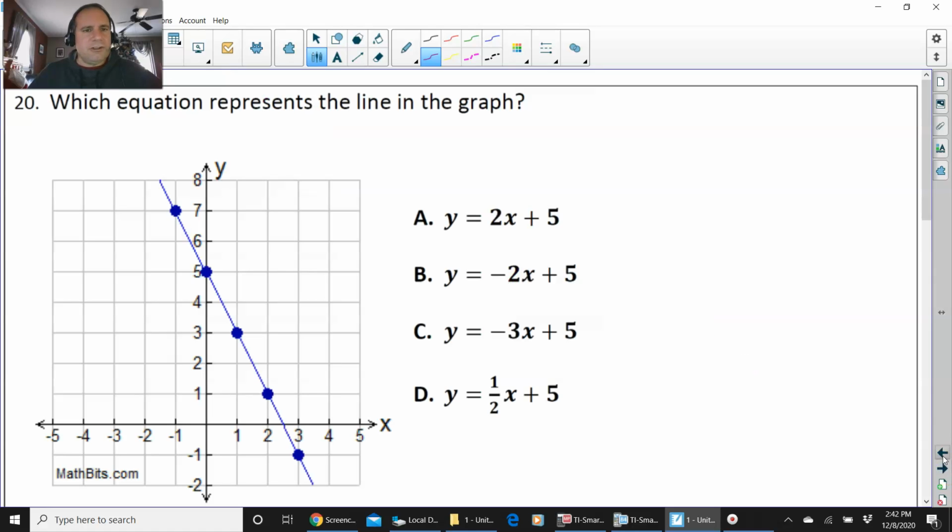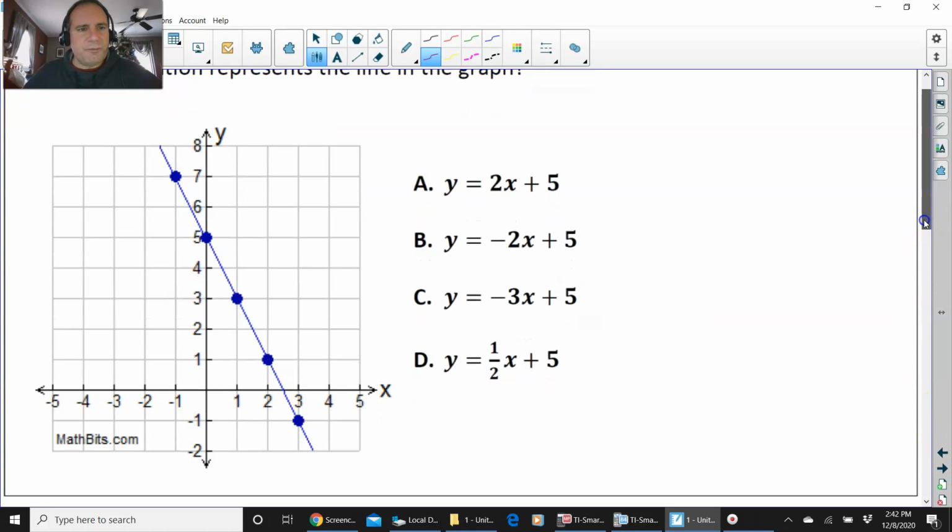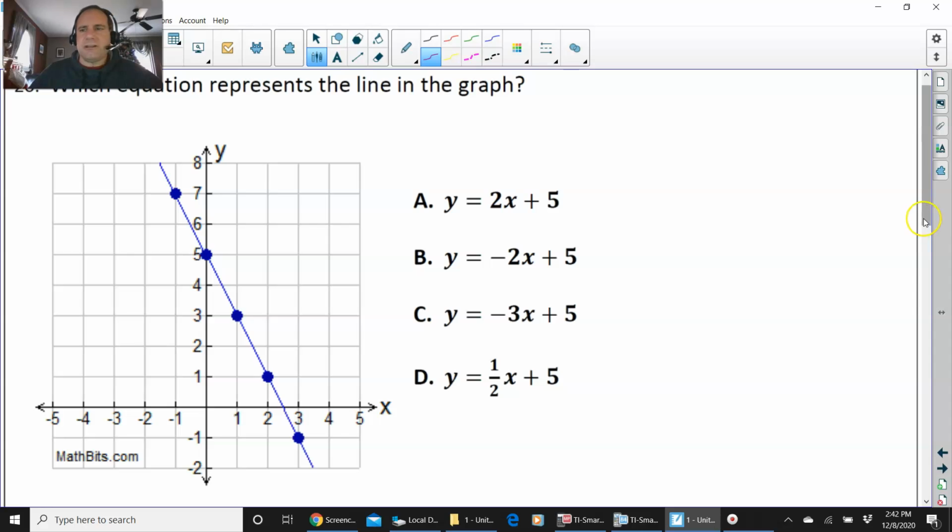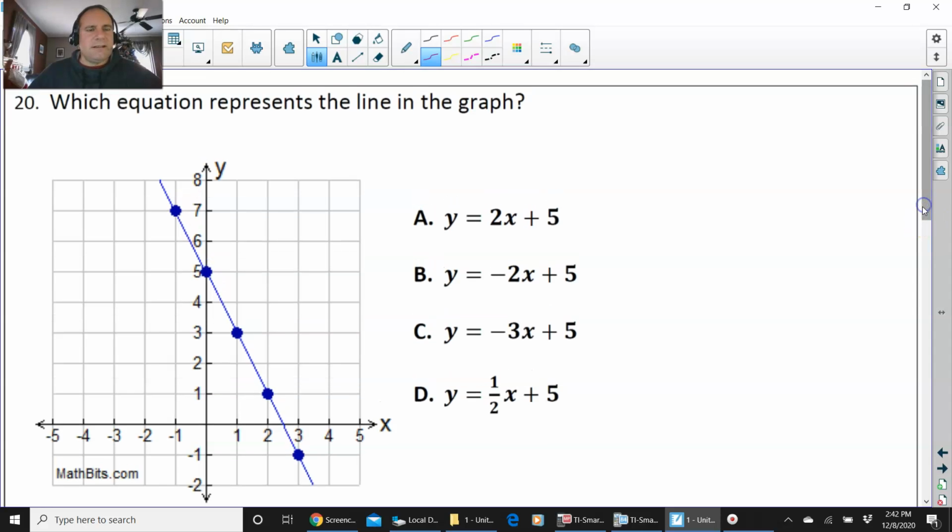All right. So number 20, the last multiple choice question that there is on this review sheet and on the test as well. Which equation represents the line on the graph? So the only thing I don't like is that it's supposed to be arrows. All right, so the first thing that I always key on is, I need the slope and the y-intercept, and the y-intercept is the easiest, so it's 5.